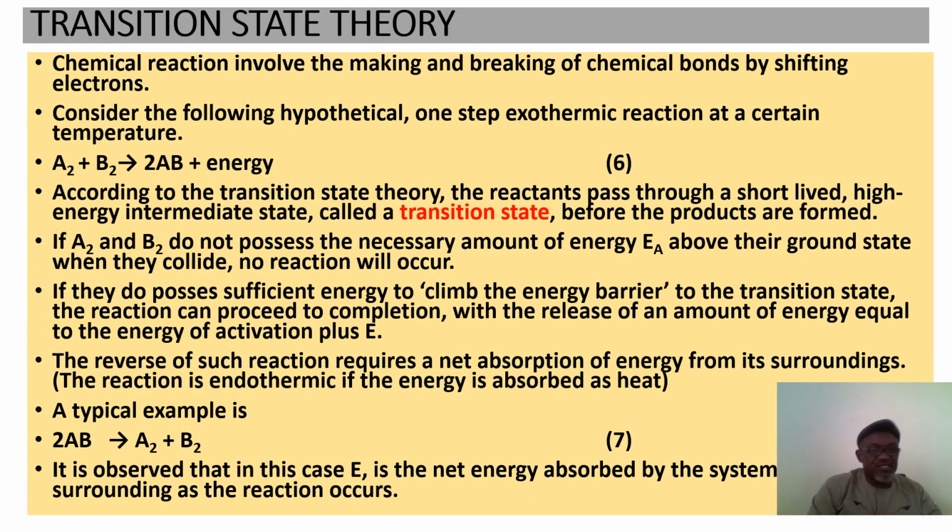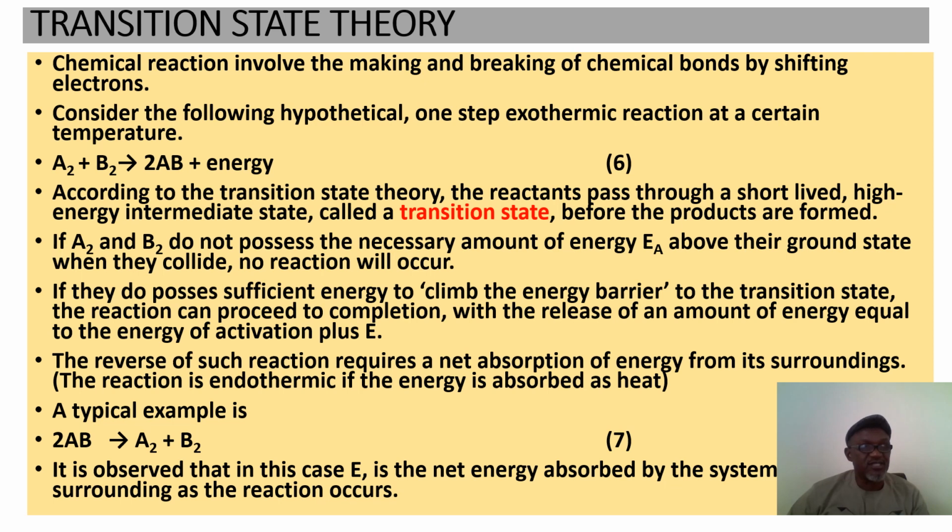Now, transition state theory. We mentioned collision theory. Transition state and collision theory are saying about the same thing, except for the approach. Chemical reactions involve making and breaking of chemical bonds by shifting electrons. Consider this exothermic reaction. According to transition state theory, reactants pass through a short-lived high-energy intermediate.